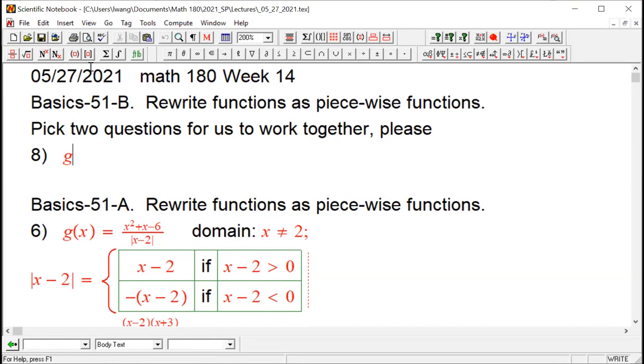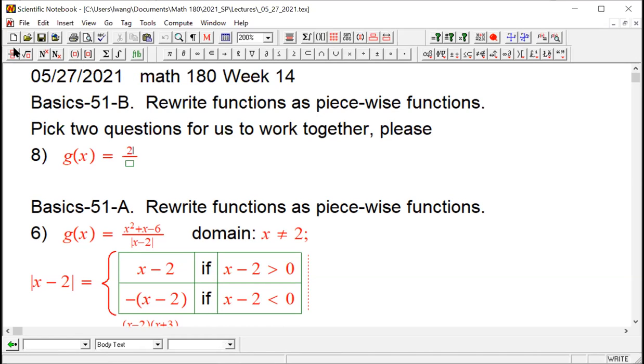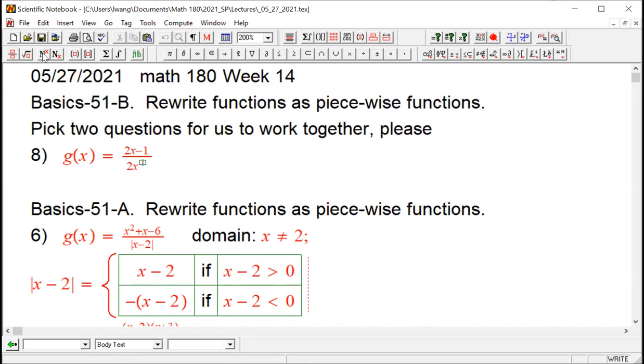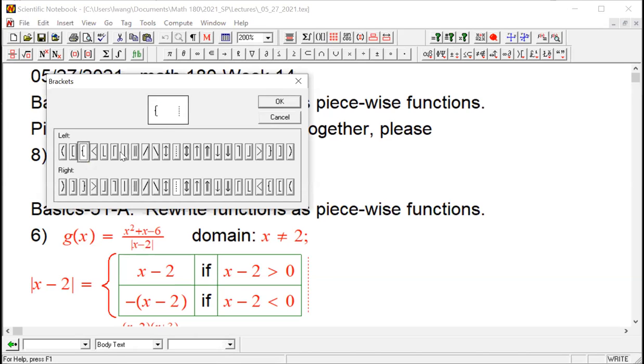G of x is equal to 2x minus 1 over 2x to the power 3 minus x squared, and all of that is in absolute value.